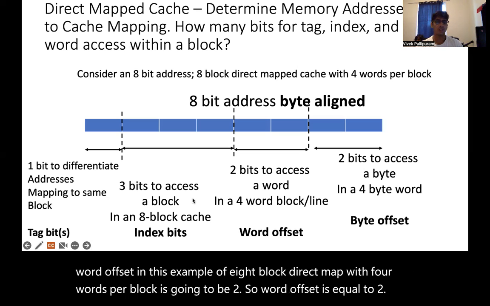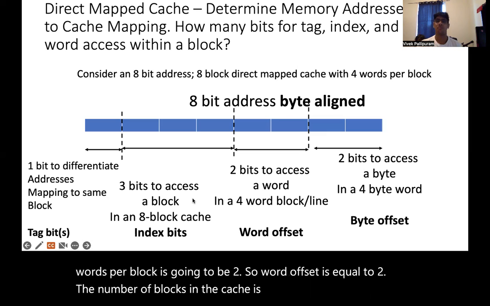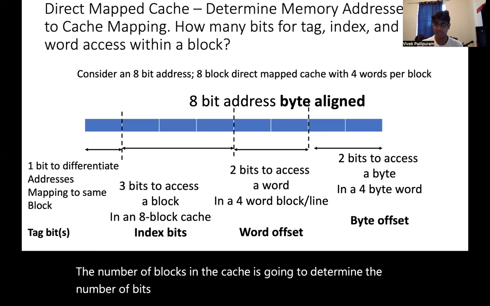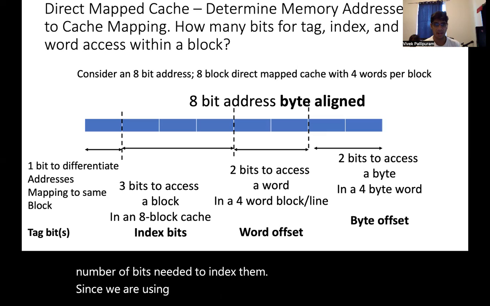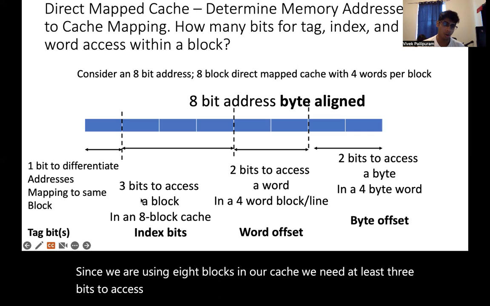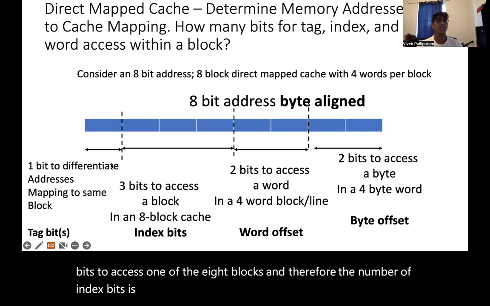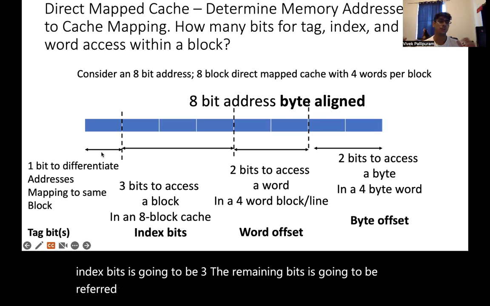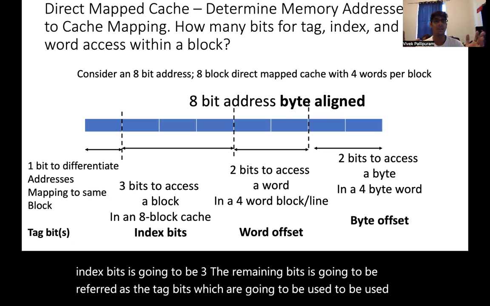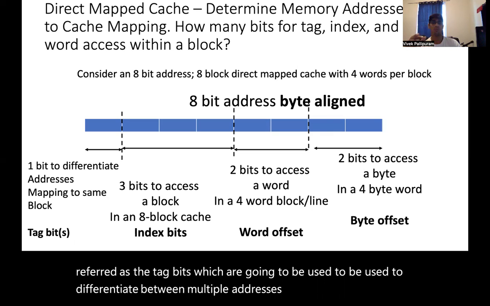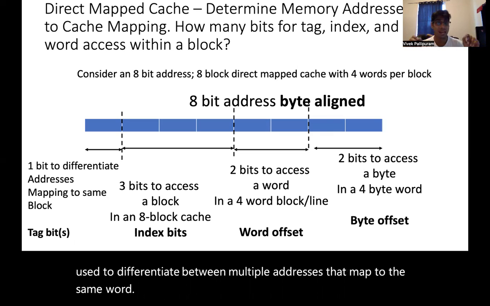The number of blocks in the cache is going to determine the number of bits needed to index them. Since we are using 8 blocks in our cache, we need at least 3 bits to access one of the 8 blocks. And therefore, the number of index bits is going to be 3. The remaining bits are going to be referred to as the tag bits, which are going to be used to differentiate between multiple addresses that map to the same cache location.